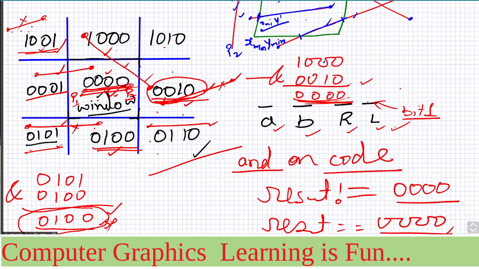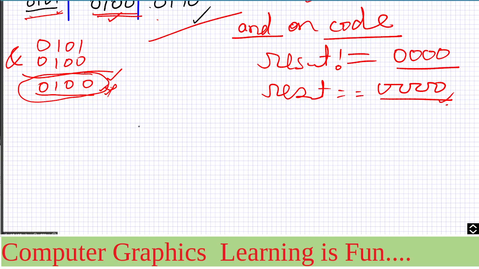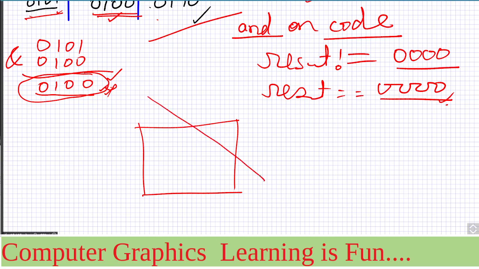Very simple. This was your window, this was your line passing, and your coordinates were there, P1, P2, right? So you need to find this position P1 dash as well as this position P2 dash.